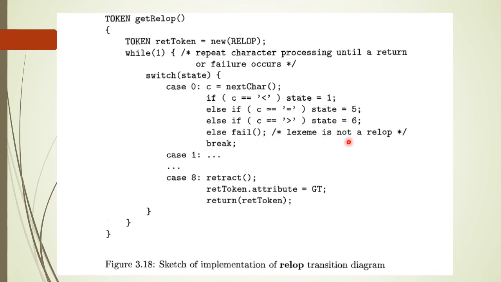From state 1, you have to write the remaining code, like if C is equal to equal, then you'll go to state 2, etc. From state 8, you have to retract to the previous state and then return the greater than symbol, so return token greater than symbol.